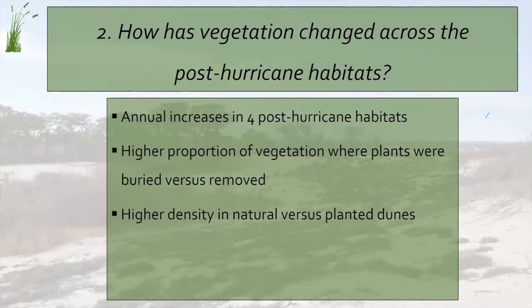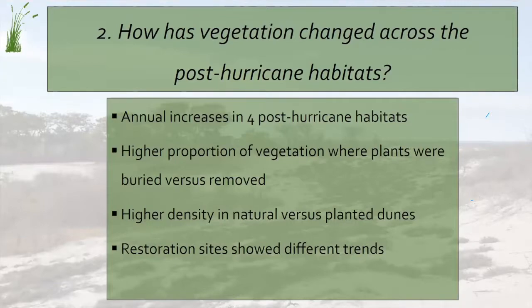There were higher densities in those natural versus the planted dunes, which further supports this idea of plants being buried versus being removed. And interestingly, there were those differences between the 2 restoration sites in the proportion of vegetation within them. And that there were lower proportions in density in spring, showing a seasonal effect.